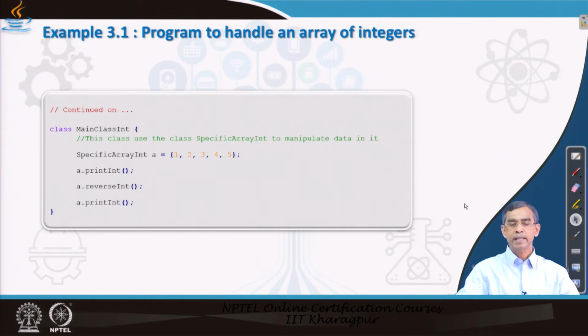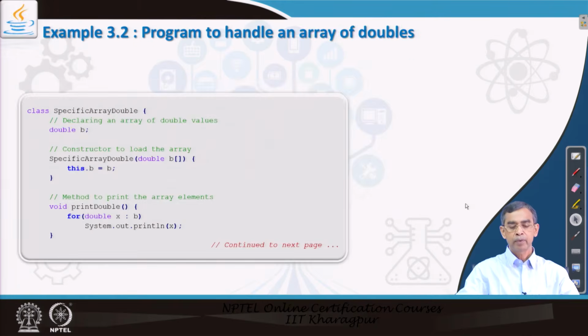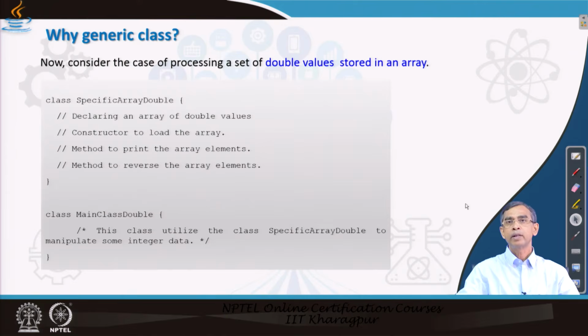If we want to do the same job, but for another type of data, say floating point values, then we can repeat the same program, but only for floating point values. As we see here, the same program structure: declaring an array of float values, initializing the arrays, then a method to print the array elements and finally reversing, and we can call this method in a main class.